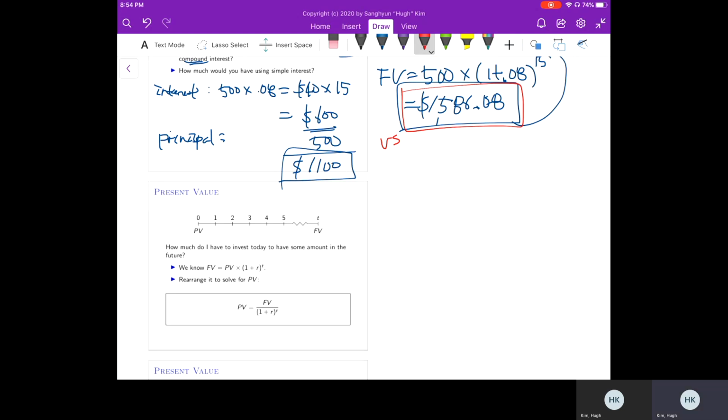So we can use our future value formula and then rearrange it to solve for present value. Then we're going to get this present value formula. So present value is equal to future value divided by 1 plus R to the t. Okay. So let's look at an example.